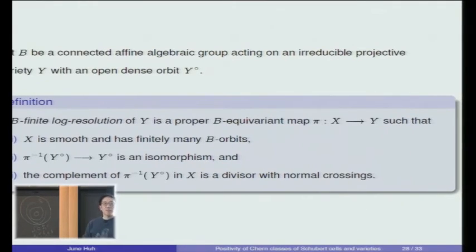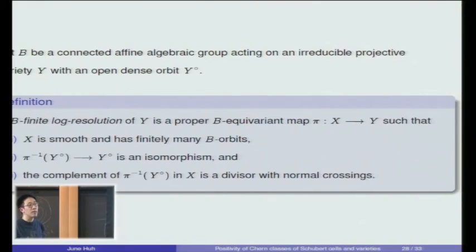So all our favorite varieties that arise from this group action context usually have, whenever you have an open dense orbit, they usually tend to have finitely many B orbits. But that's not in general.